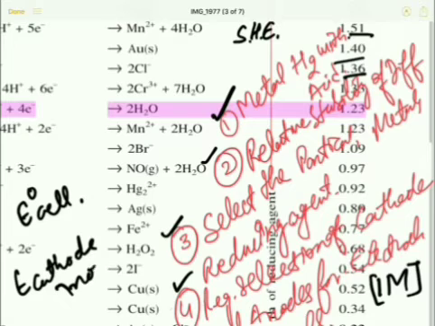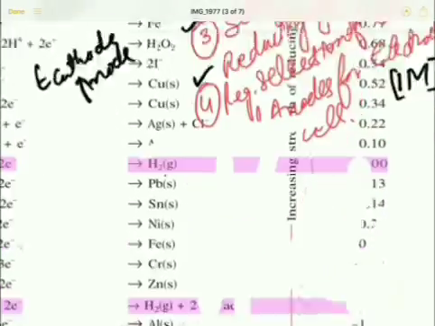Will the E naught of the cell increase or decrease? To get the exact value for this question, we have to introduce a new equation called the Nernst equation. The Nernst equation is applied when the concentration of the electrolyte in the 2 half cells is not exactly 1 molar, and sometimes the electrolyte gets diluted as the reaction goes on. So let us come to the next topic.